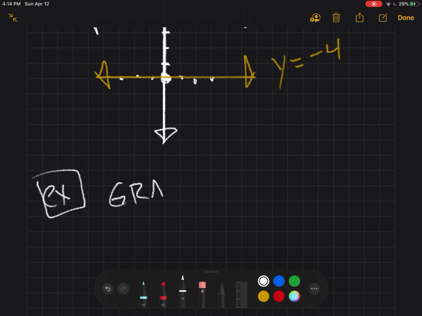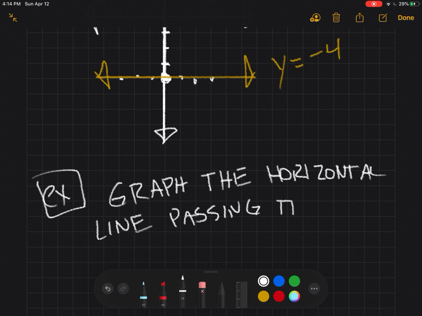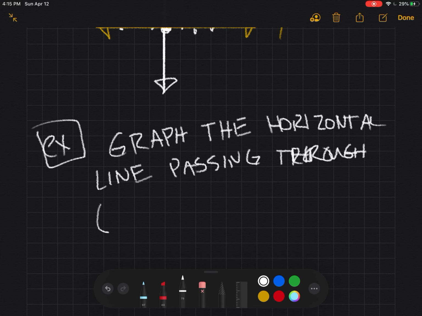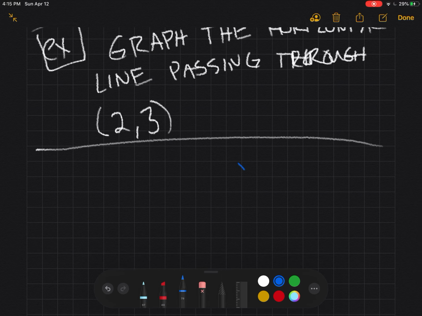And this would be our equation y equals -4. I'm going to give you a second example. Your textbook might try to trip you up by saying something like, graph the horizontal line passing through the point 2, 3.